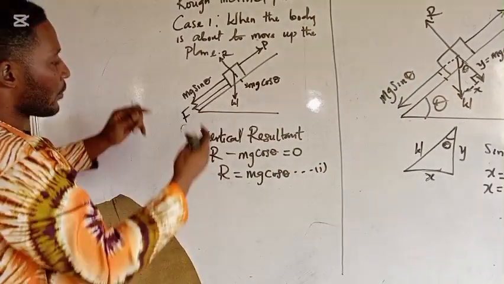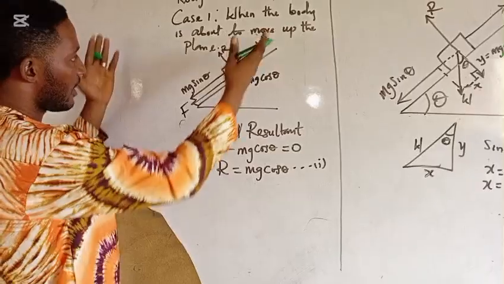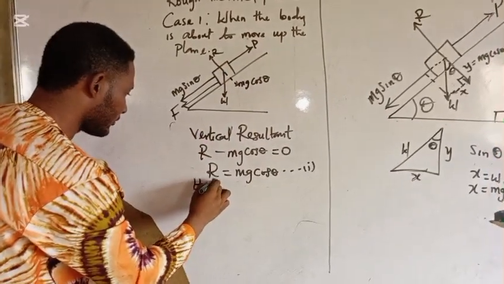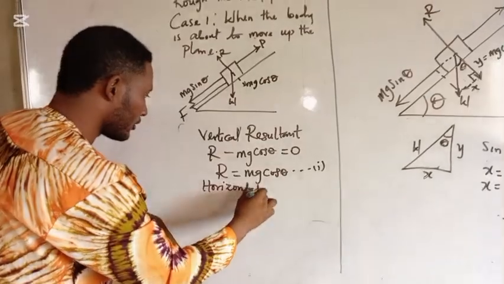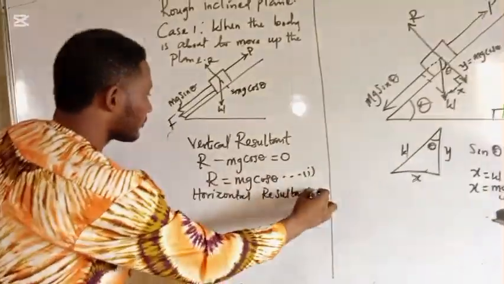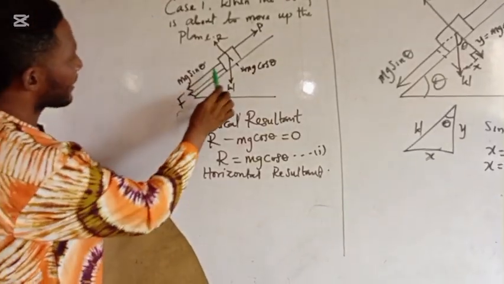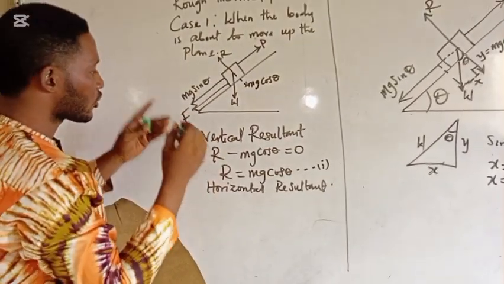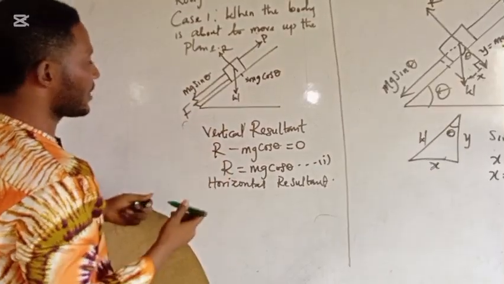At the same time, we need to consider the horizontal forces as well, acting on this same body. So horizontally, the horizontal consideration will be considered by considering 1, 2, 3 forces based on the sum of forces at equilibrium.